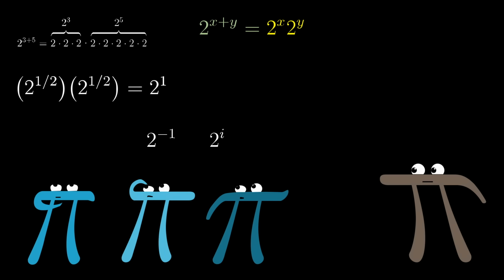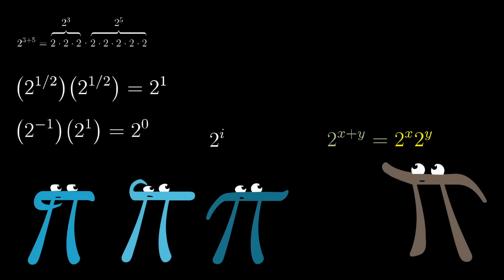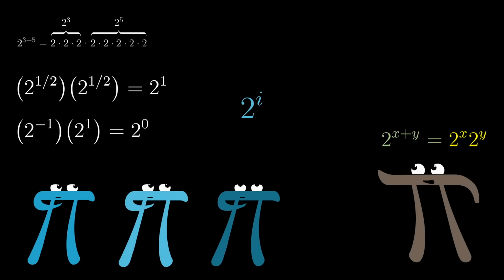But we don't just do this randomly. If you think back to how fractional and negative exponents are defined, it's always motivated by trying to make sure that this property, 2 to the x plus y equals 2 to the x times 2 to the y, still holds.